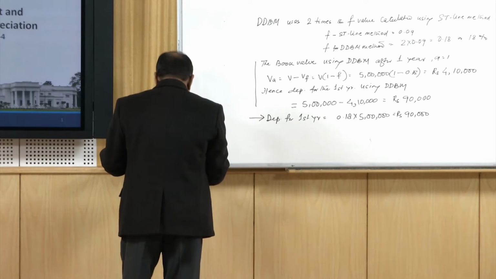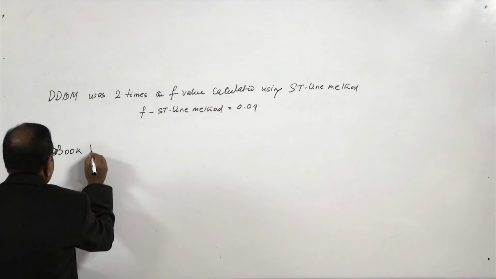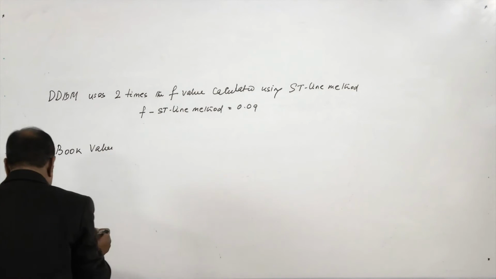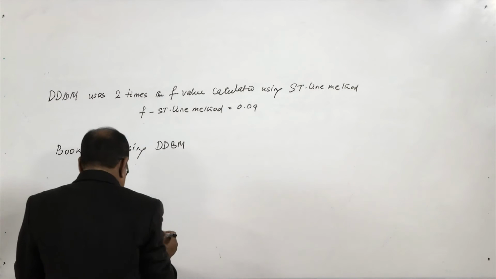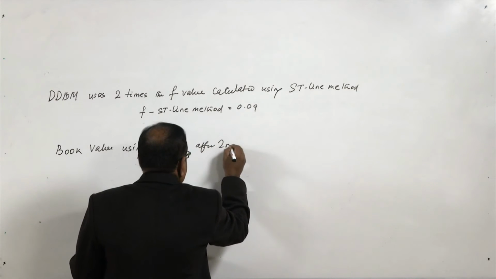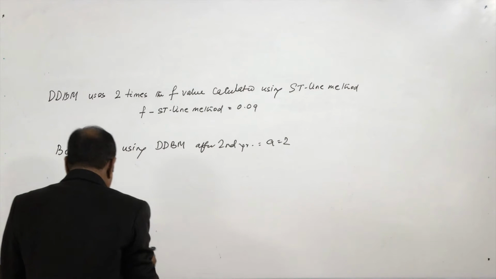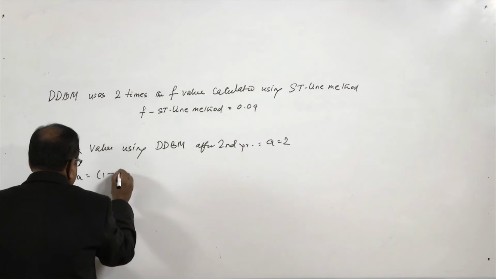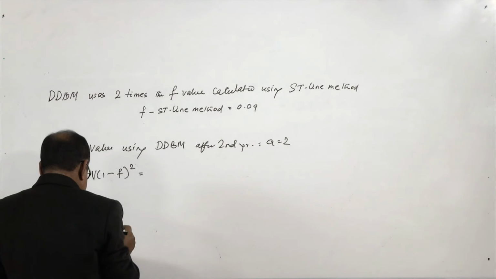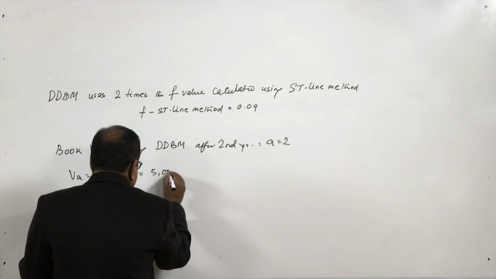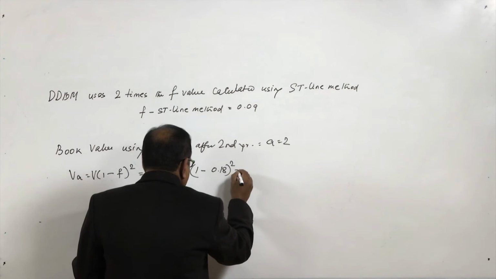depreciation for the second year. Now, book value using DDBM after second year, A equal to 2, VA equal to V into 1 minus F whole square, equal to 5 lakh into 1 minus 0.18 whole square.